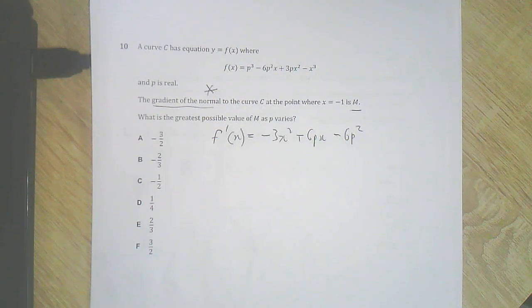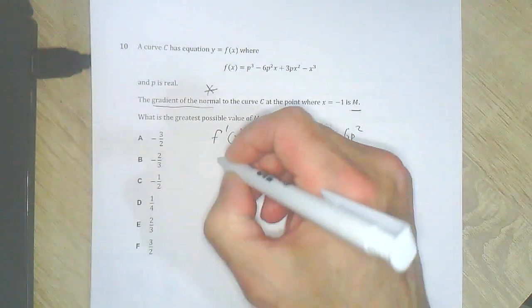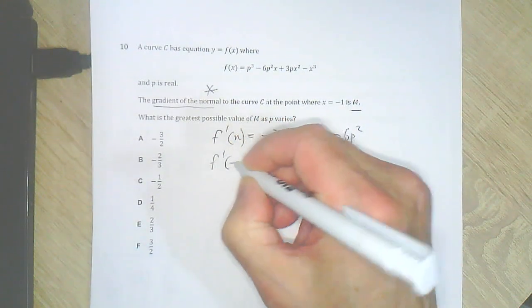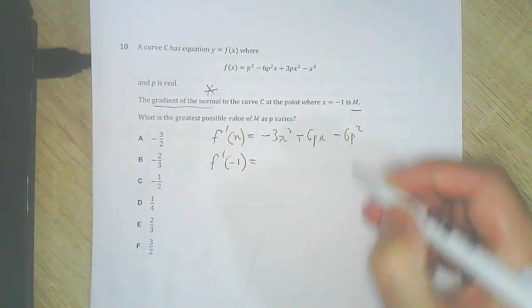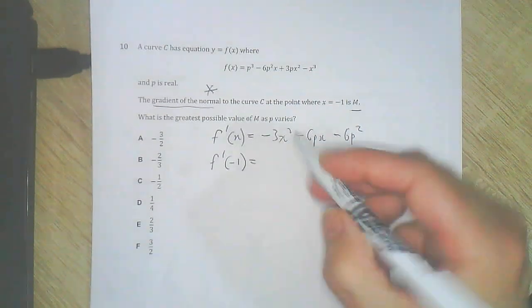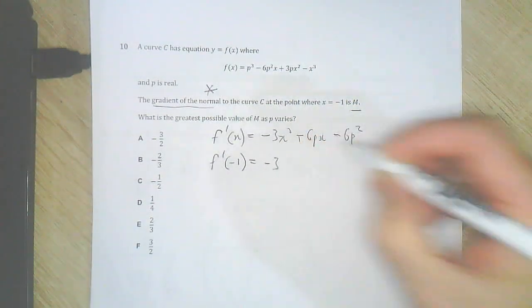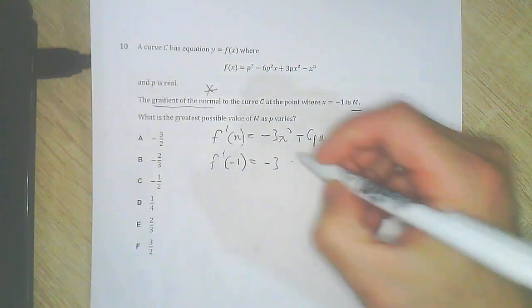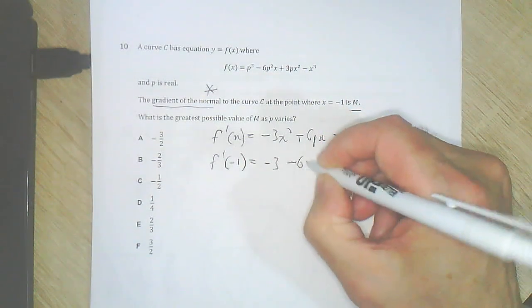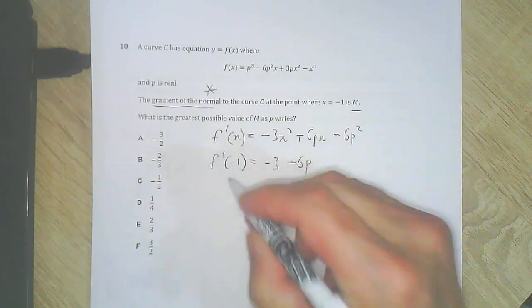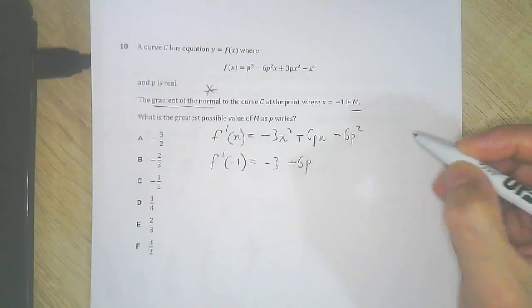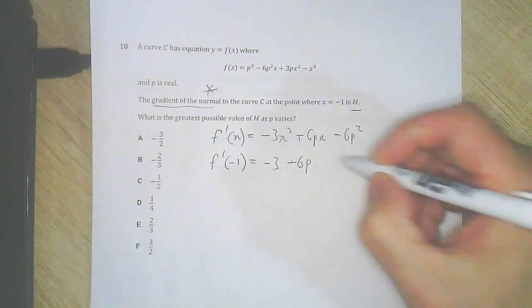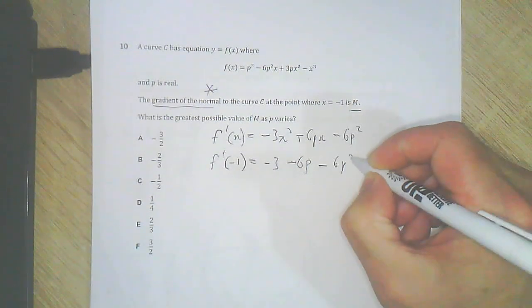But specifically, we want the gradient when x is minus 1. So let's substitute that in. f prime of minus 1. So minus 1 squared is 1, so that's minus 3, plus, wait a minute, minus, so that's minus 6p, substituting in minus 1, and minus 6p squared.